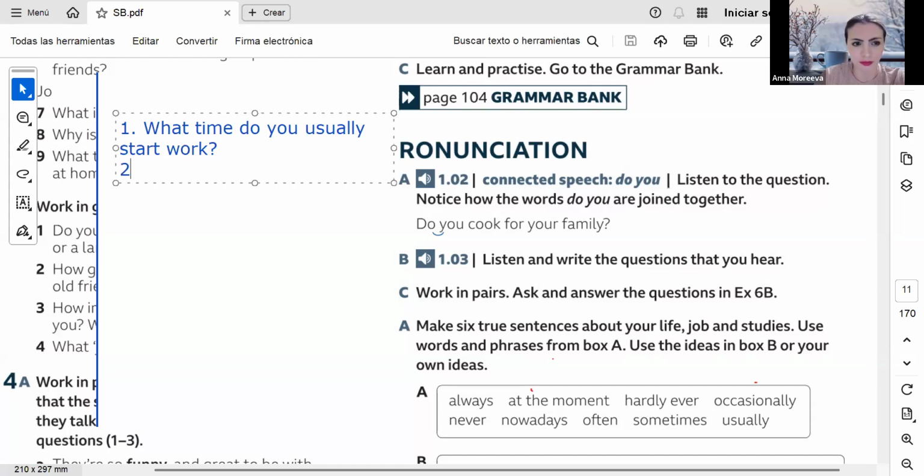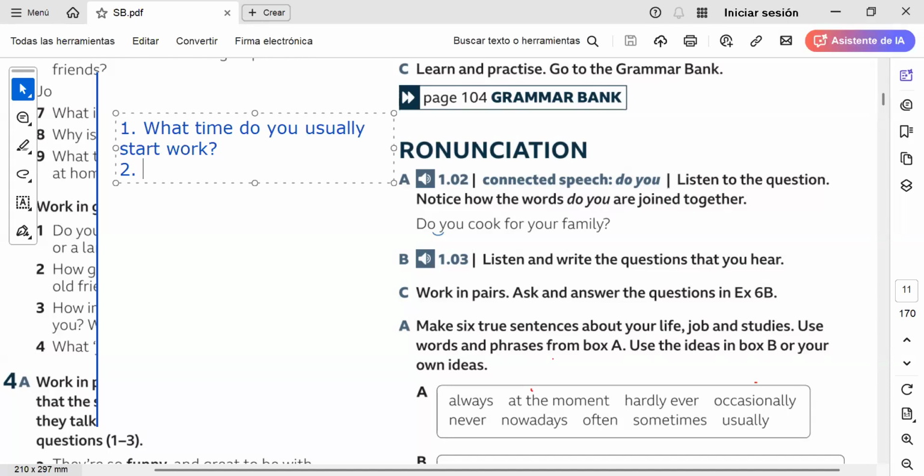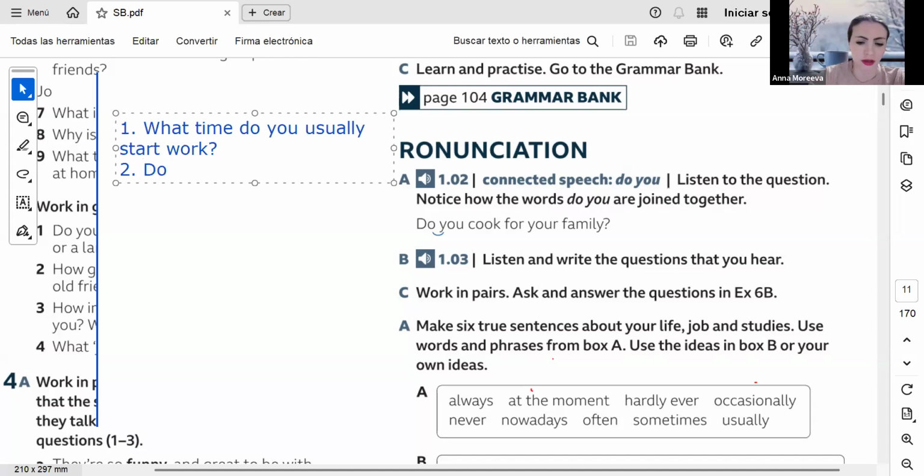Number 2. Do you enjoy playing sports? Do you enjoy playing sport?